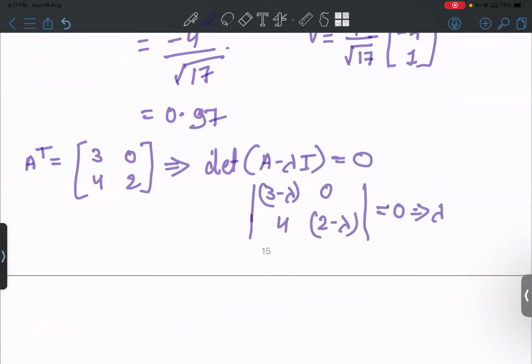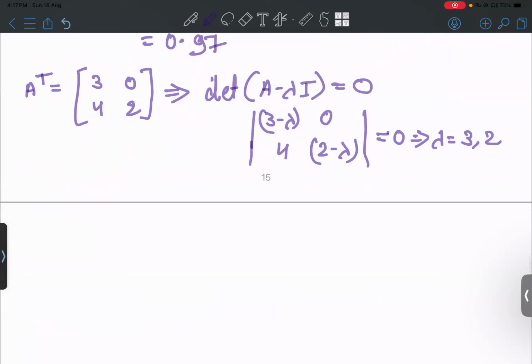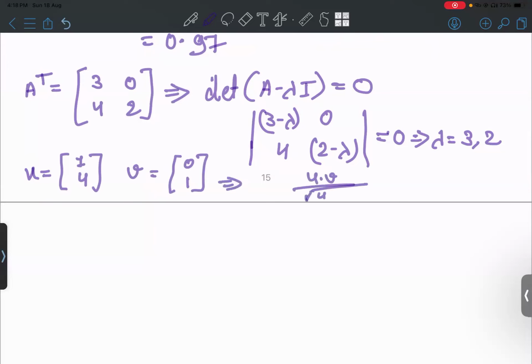This will lead to lambda equal to 3 and 2, like earlier. Means A transpose will have the same eigenvalues, but the eigenvectors will come out different. The u you will get here will be different, and v will come as 0, 1. If you solve like that and find the same expression u dot v divided by under root of u dot u times v dot v, it will come the same value, 0.97.